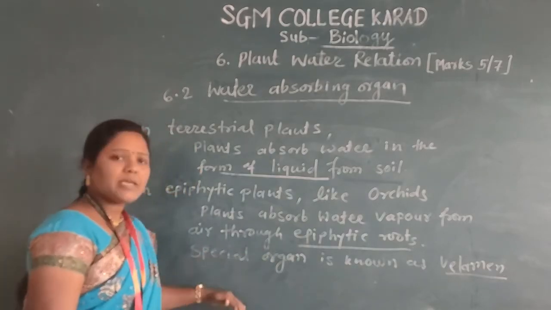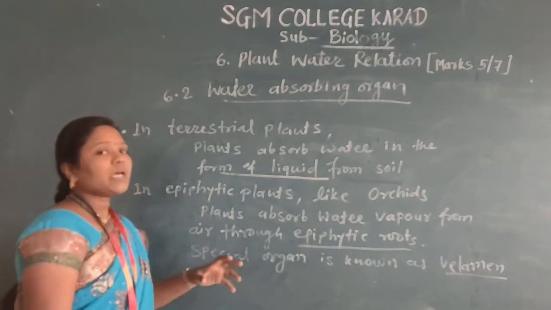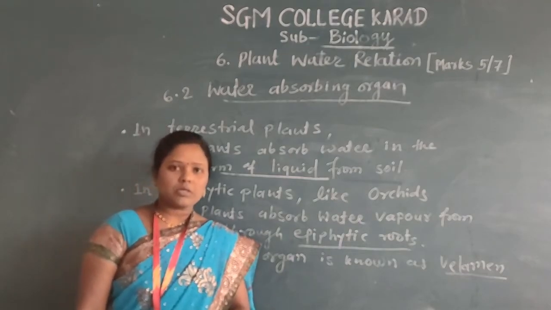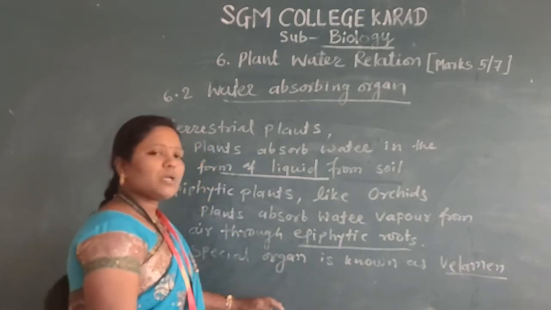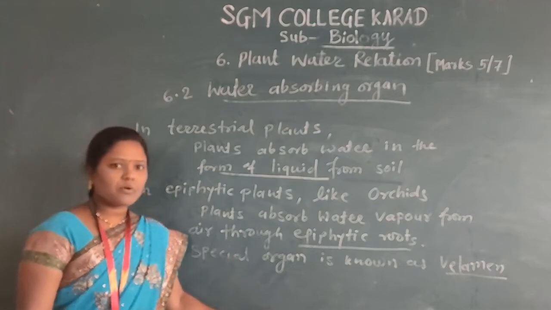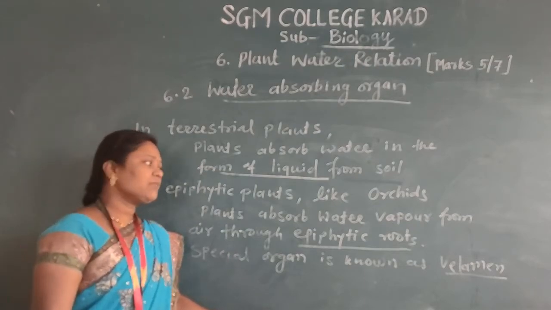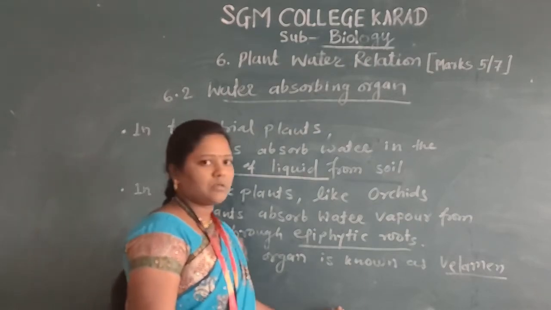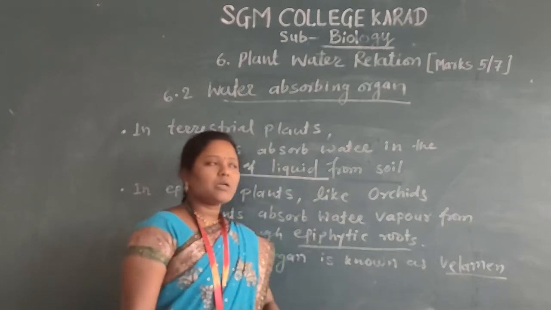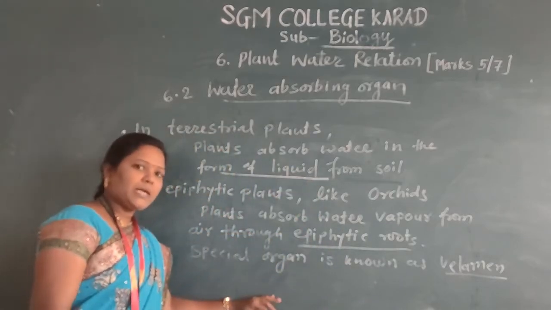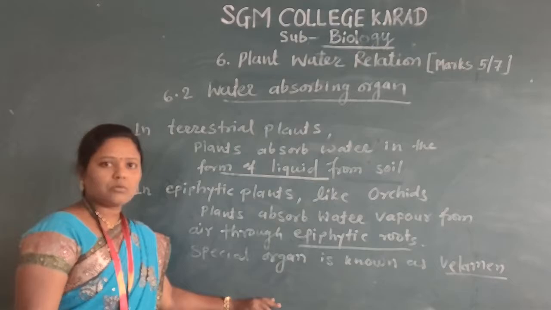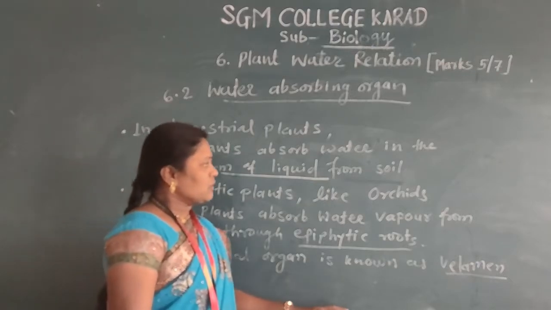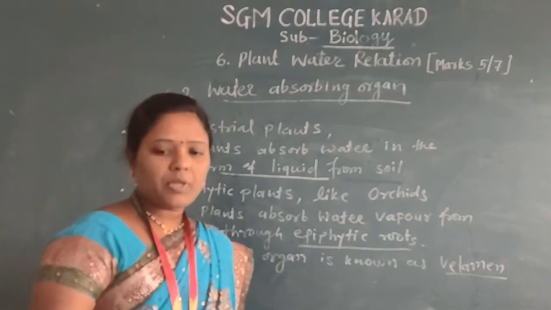We can say here that a typical root is divided into four regions, and these four regions help in the absorption of water as well as in increasing the growth of plant and root.